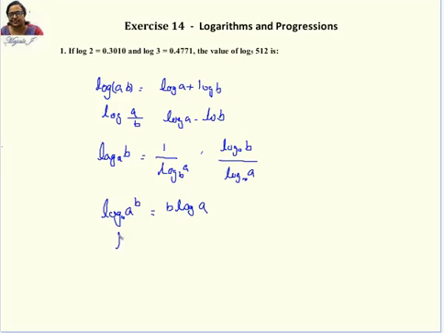Clear? If I say log 16, how do you simplify this? Log 4 to the power 2.